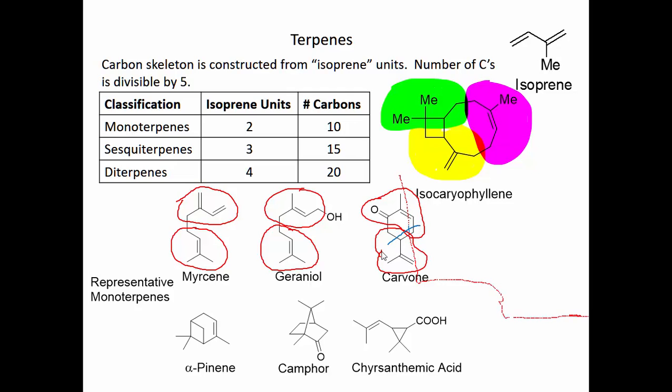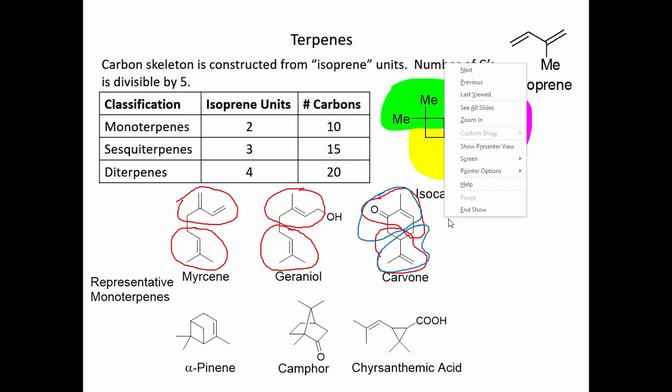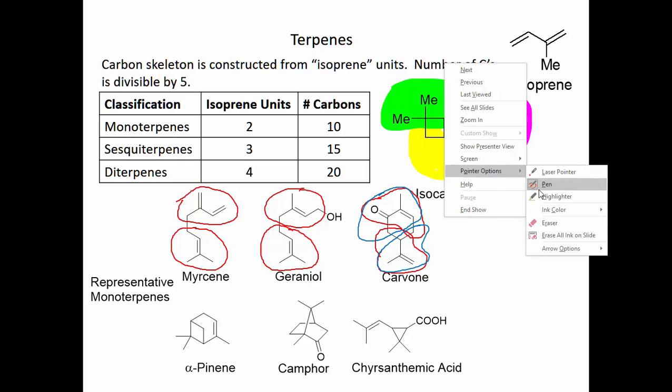You could have also spotted the isoprene units that way as well. But it turns out it's not going to make any difference because of the biosynthetic origin, as we're going to see in a couple of slides. Let me change the pointer back.